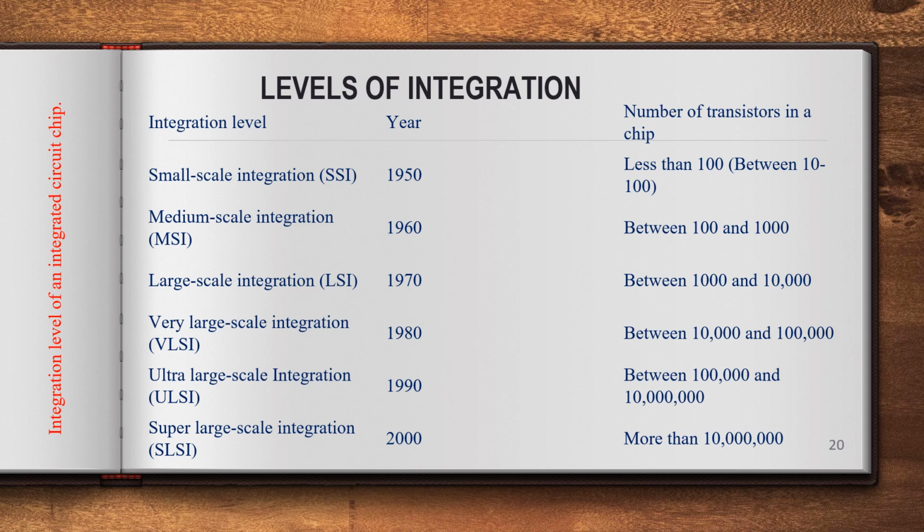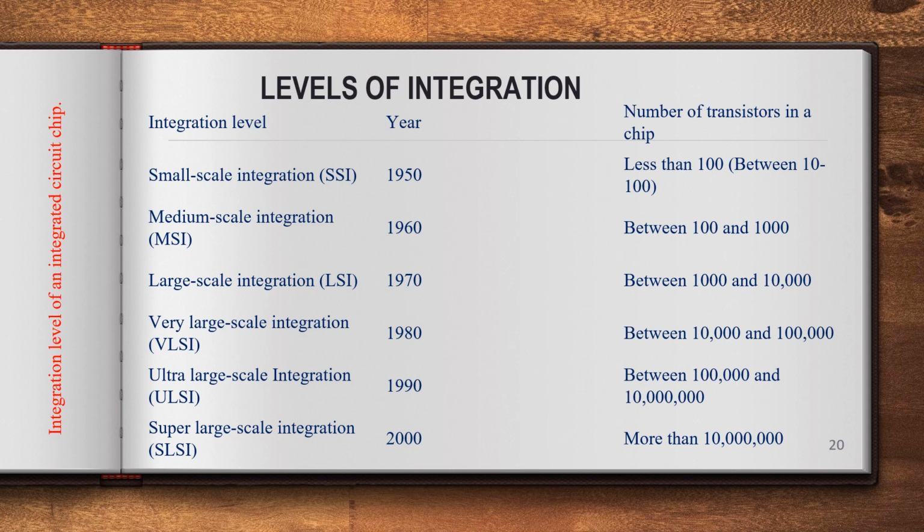Based on component density, the levels of integration are as follows. Small scale integration, SSI, was used in the 1950s. In this integration, more than 10 and less than 100 components are used to fabricate circuits.